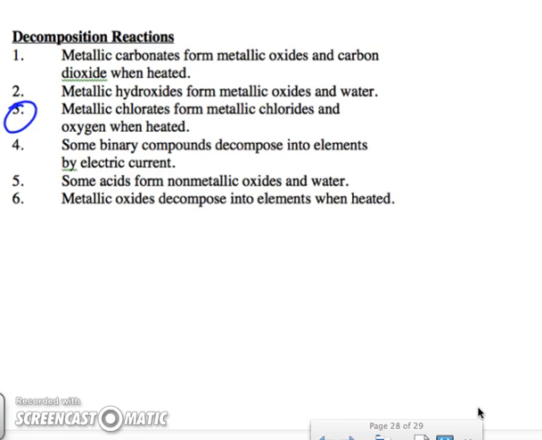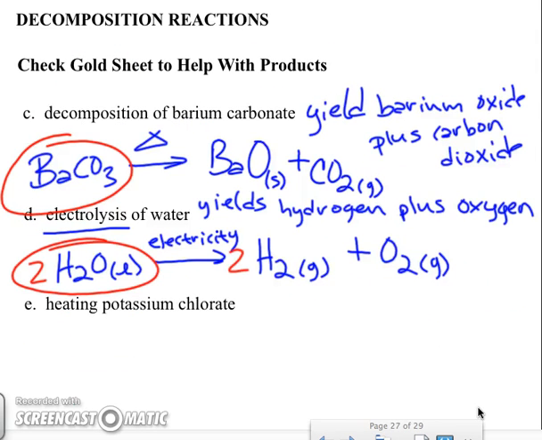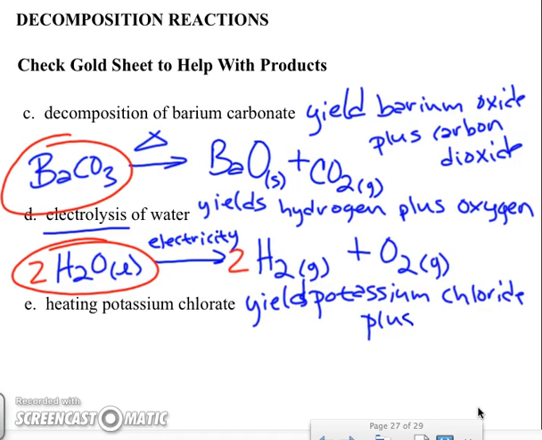Metallic chlorates form metallic chlorides and oxygen when heated. So, heating potassium chlorate would yield a metallic chloride, potassium chloride, plus oxygen.